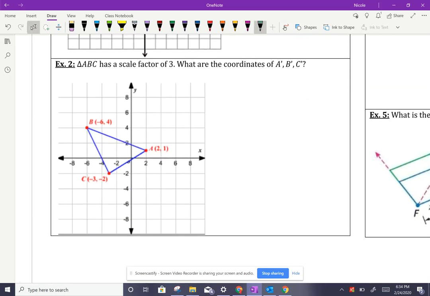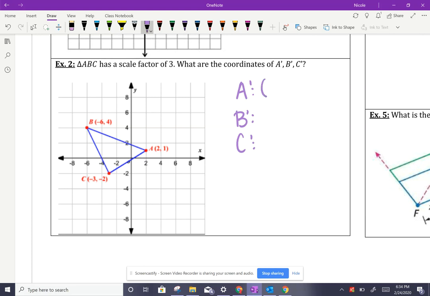So I've got A, B, and C already plotted out for me. So next I need to just graph it, or I need to find my new points. So it says I'm dilating by a scale factor of 3. So I'm going to go ahead and write these out, A prime, B prime, and C prime. So that means I'm multiplying everything by 3. So A was originally 2, 1.